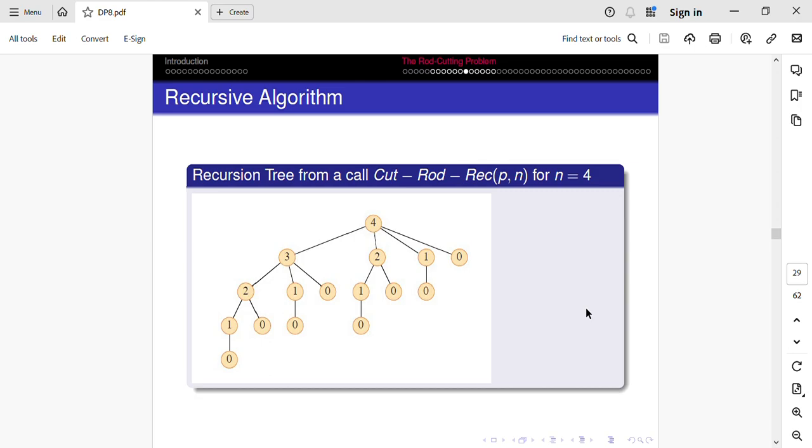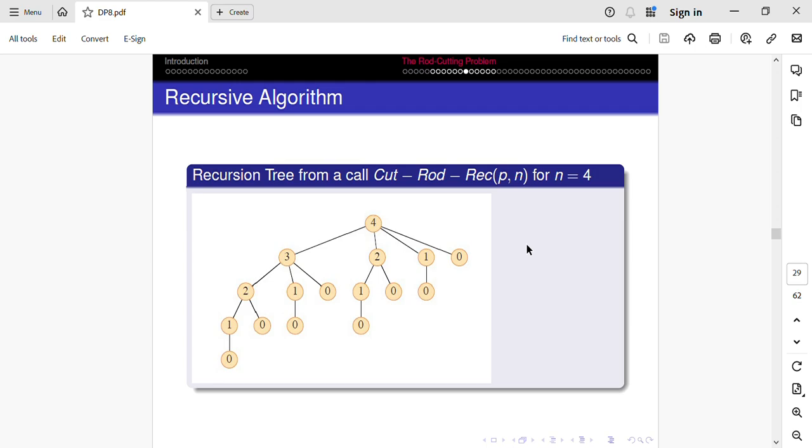And now here is an example. This is the recursion tree for size 4. So we see that for size 4 we need to consider each position from 1 to n minus 1, where n is 4, so from 1 to 3.